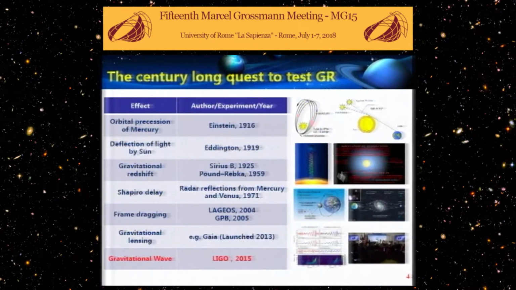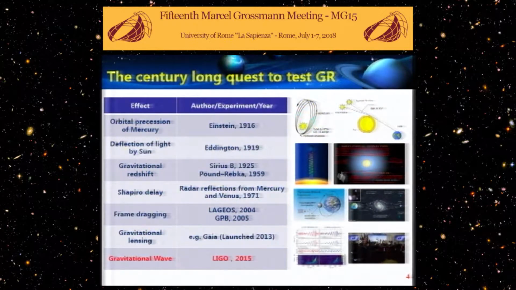And after that, a lot of experiments have tested this theory, such as the orbit precision of Mercury, deflection of light by the sun, gravitational redshift, and also Shapiro delay, frame dragging, and gravitational lensing.